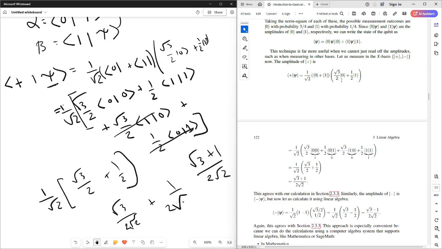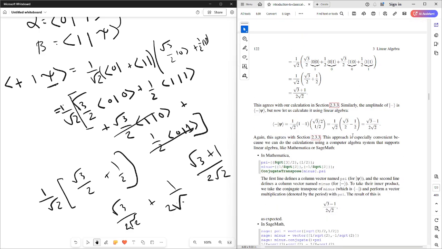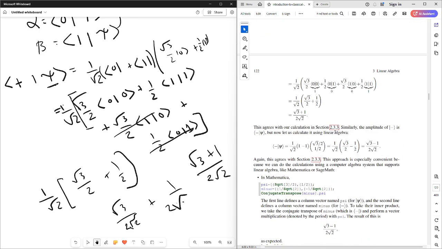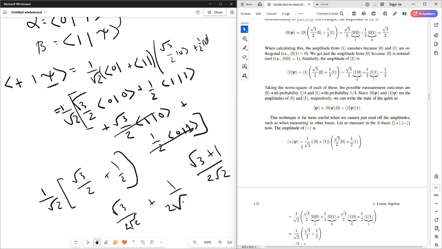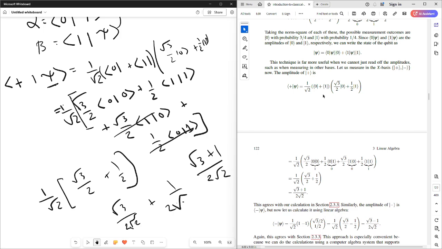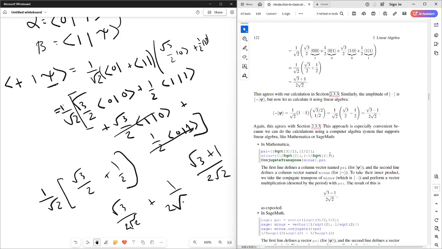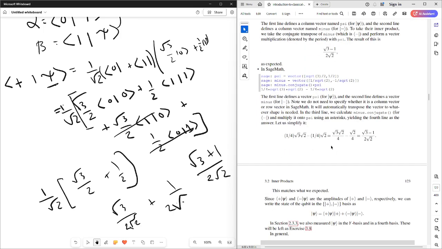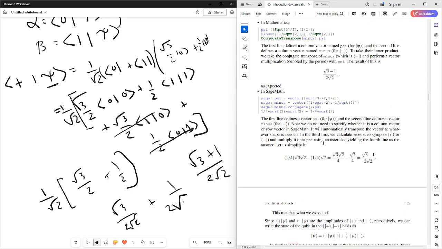How's that going to alter the amplitudes if we measure it in a different basis? And we can use inner products to determine that. Just take the generic form here, 1 over square root of 2, take the bras, pardon me, and then distribute everything out, and voila. Okay.